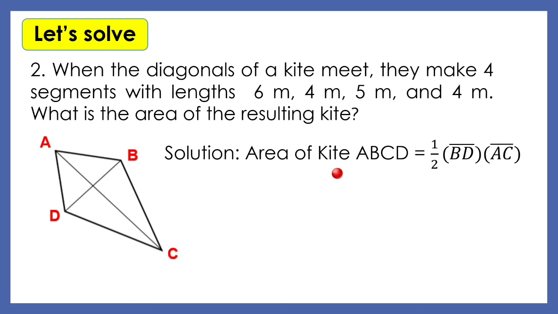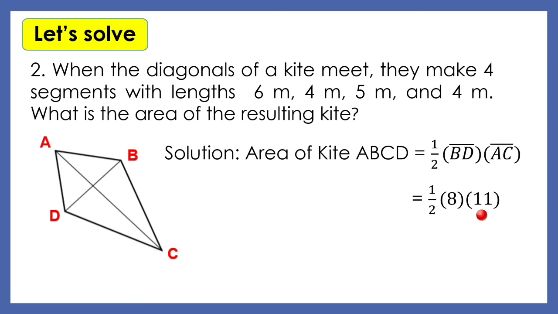Para makuha yung area, imumultiply natin sa 1/2 yung product ng diagonals. Then, let's substitute. So, 1/2 times, ang line segment BD is 8. So, sabi nga natin kanina, 4 and 4. So, 4 plus 4 is 8. Ang line segment AC ay nagme-measure ng 5 meters tsaka 6 meters.